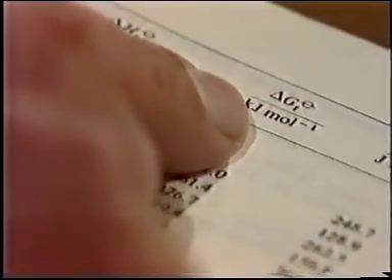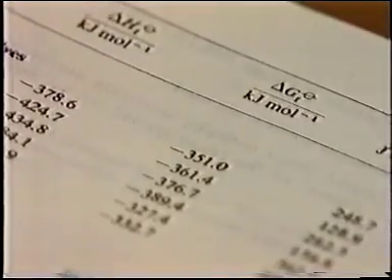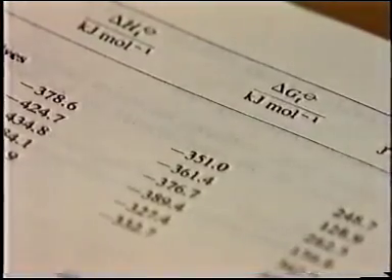But we can select an arbitrary point of 0 Gibbs energy and then quote all values relative to this point. Because of this, Gibbs energies referred to this arbitrary 0 are usually labelled delta G naught f. But for simplicity, we shall refer to these as G naught values. It doesn't affect the argument.